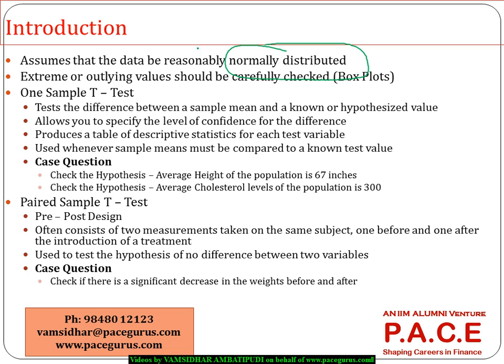So that is where I want my data to be normally distributed, and as we have already discussed earlier, some of the tools for checking for normality: I can use the exploratory data analysis of SPSS, or I can quickly look at the skewness and kurtosis levels and finally say whether the data is normal, or I could use the box plot to identify if there are any outliers present in the data, and based on that test for the normality of the data.